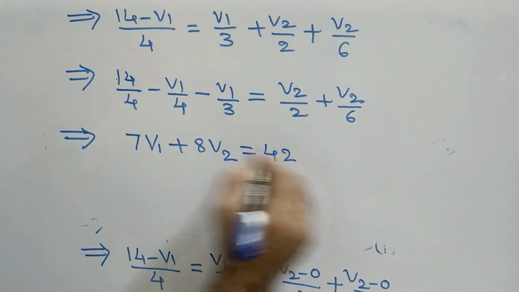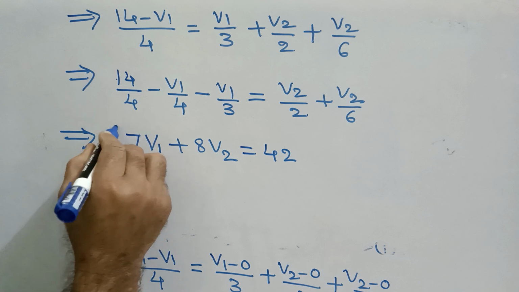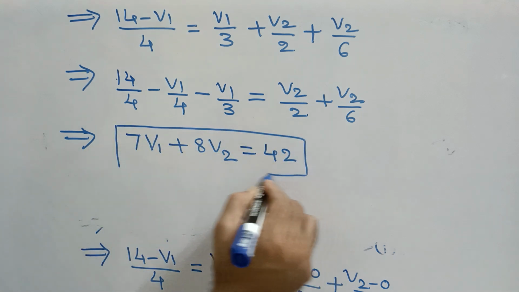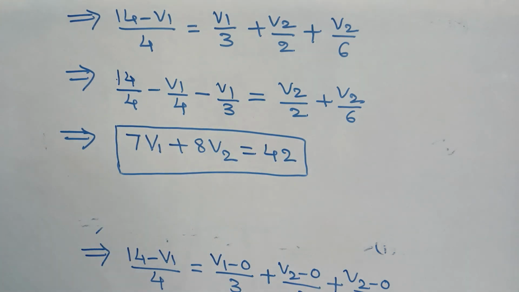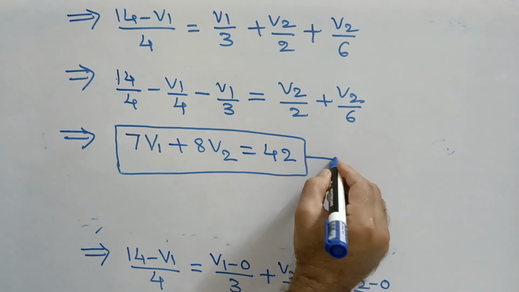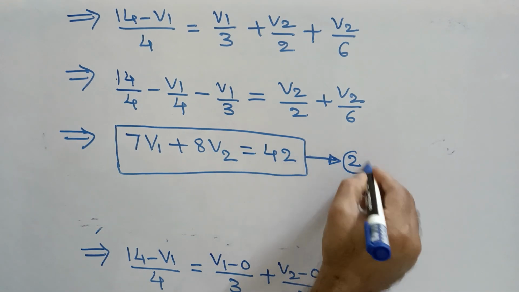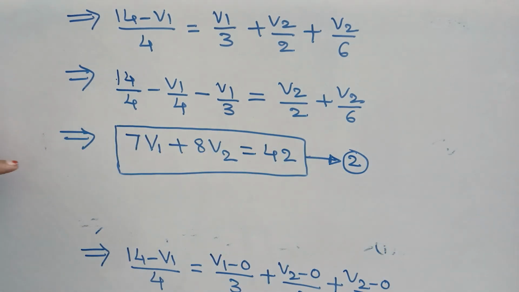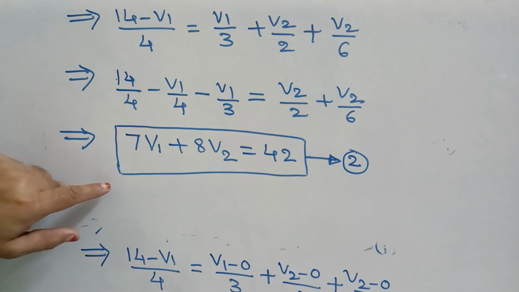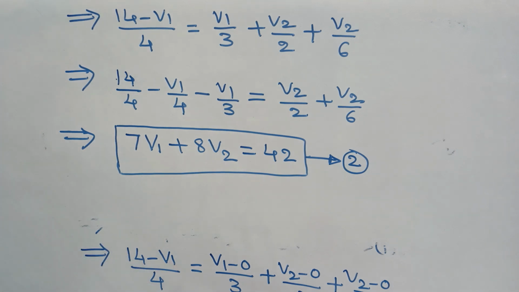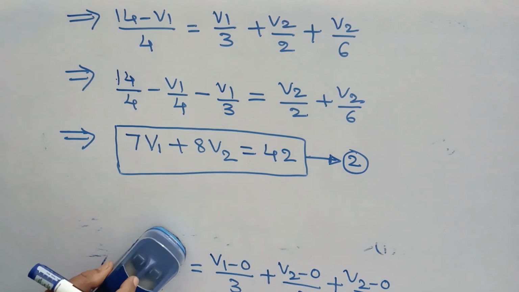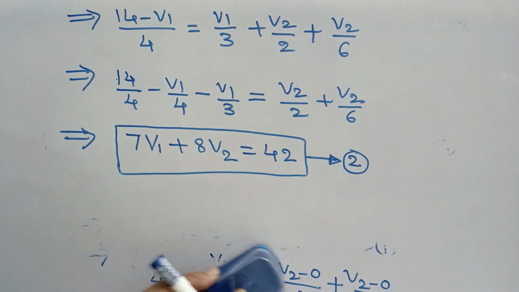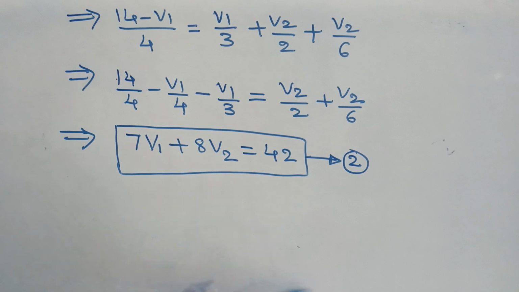You will get this as the equation after the simplification of the above equation. You can call it equation number 2 or whatever it is, no problem. It is nothing difficult to simplify that.